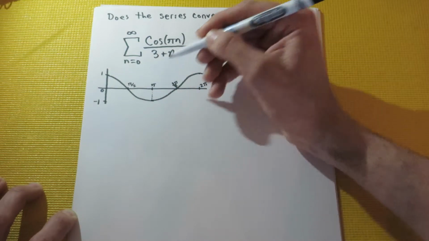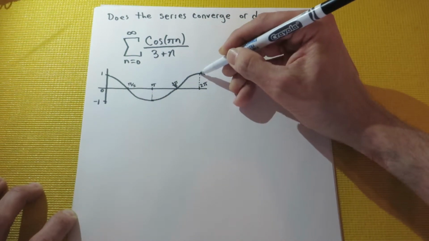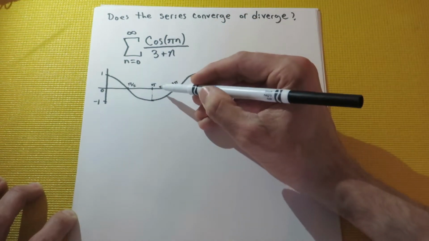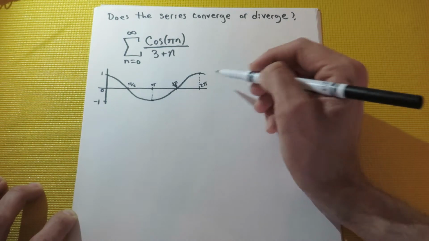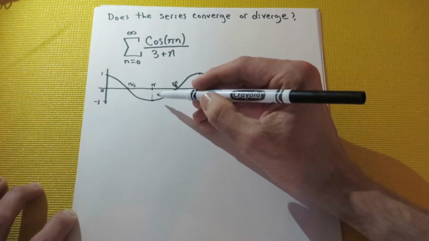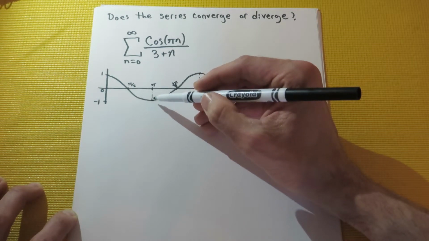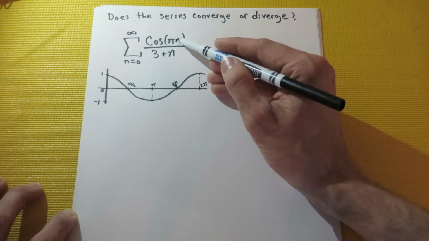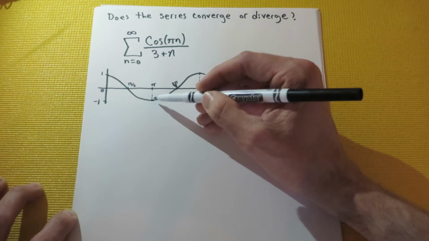So in other words, whenever we have odd intervals of pi, like 1 pi and 3 pi and so on, well then we know that our cosine of pi n is going to equal -1.